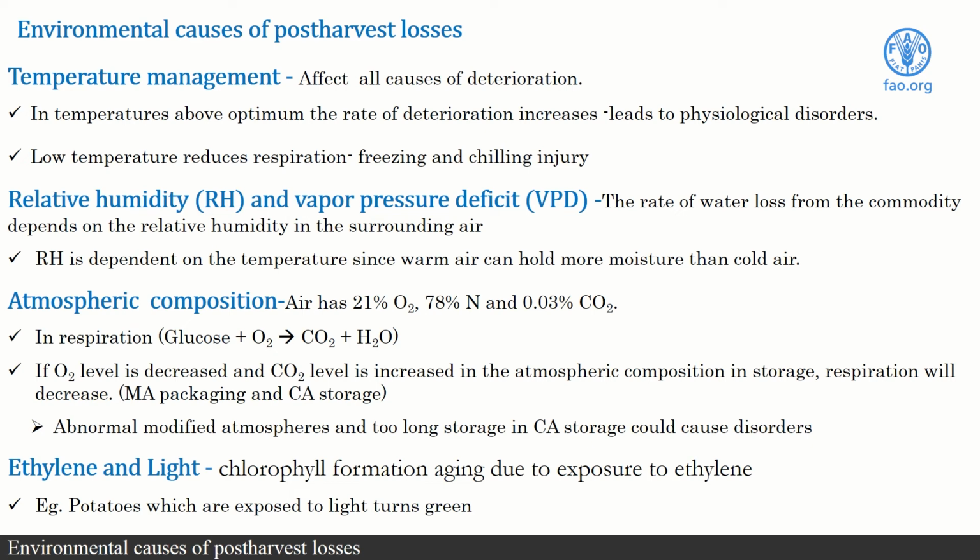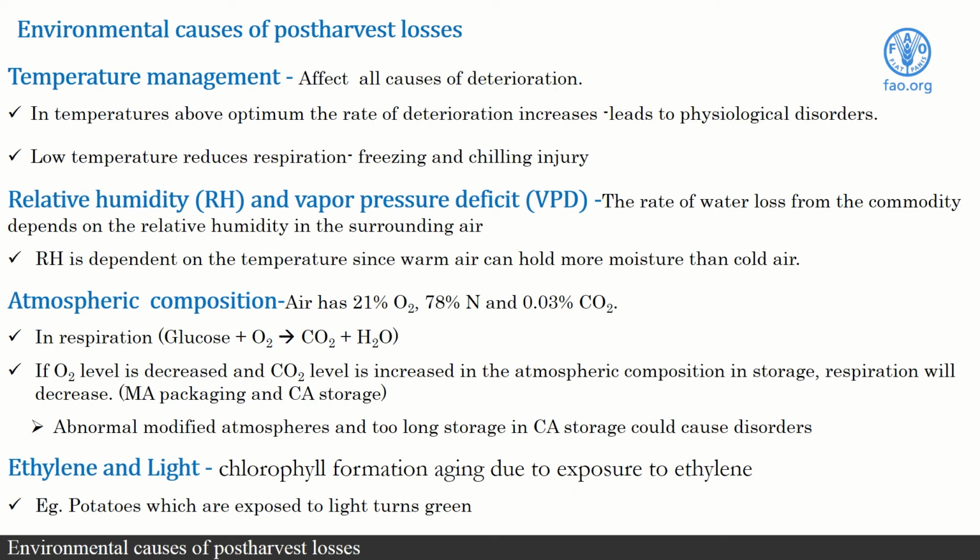Air has 21% oxygen, 78% nitrogen, and about 0.03% carbon dioxide. In respiration, glucose plus oxygen releases CO2, water, and heat, with energy in the form of ATP.